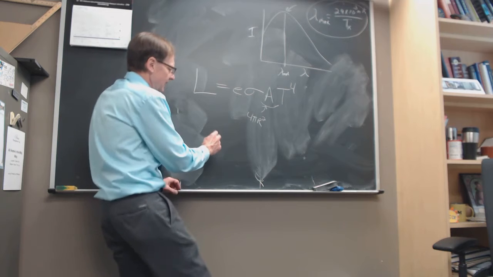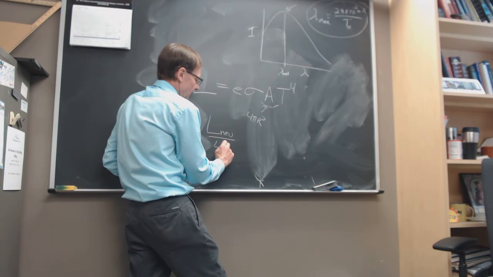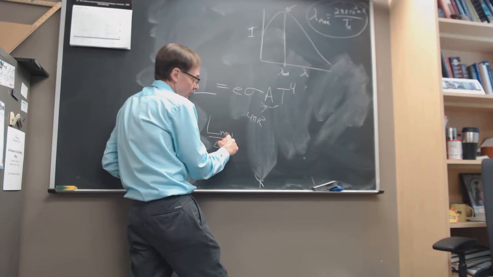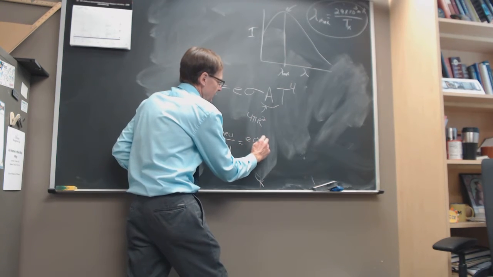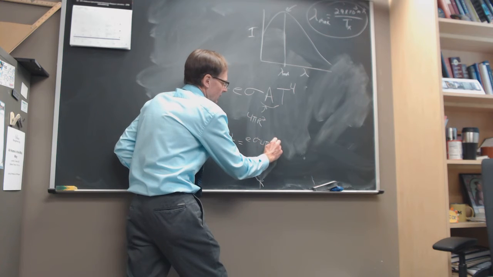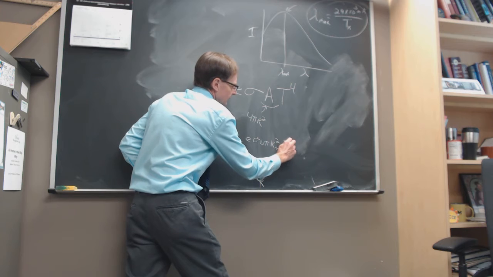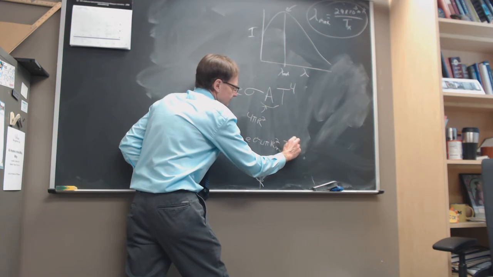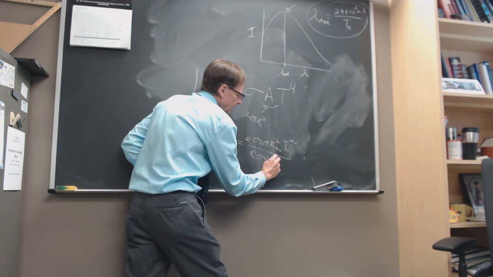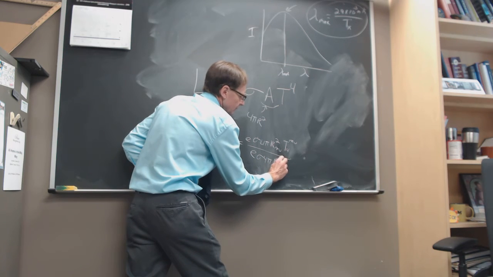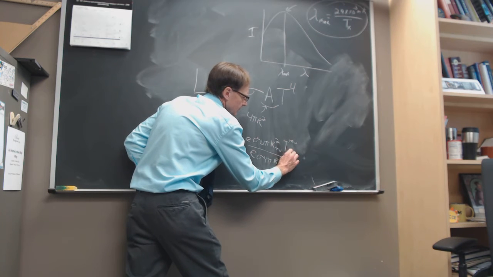So then we can say luminosity new divided by luminosity old, or luminosity 2 divided by luminosity 1, is the emissivity sigma 4 pi r new squared T new to the fourth, divided by emissivity sigma 4 pi r old squared T old to the fourth.